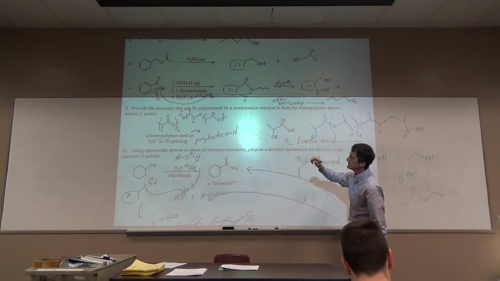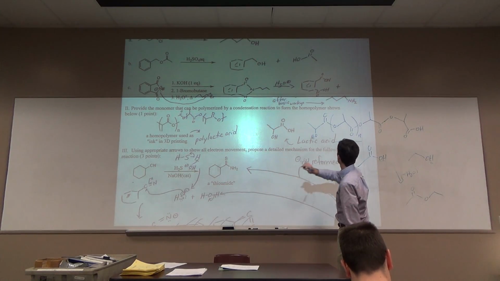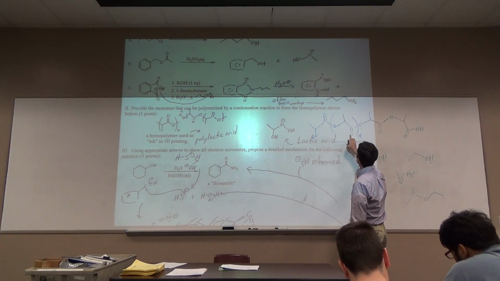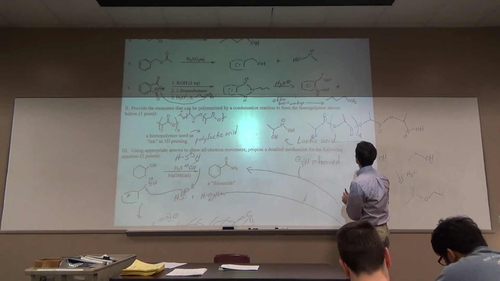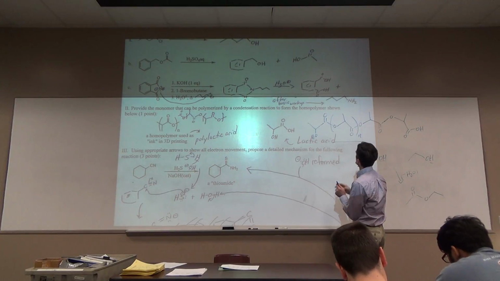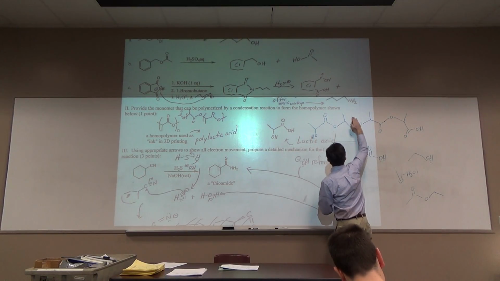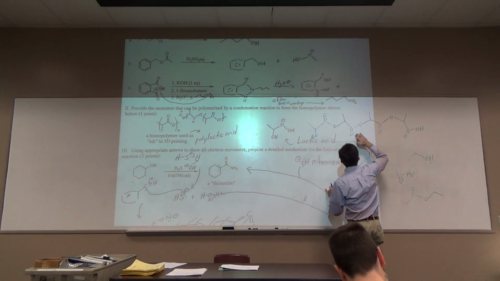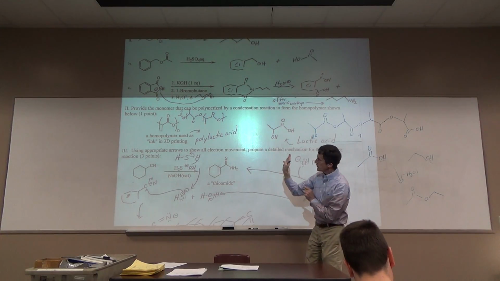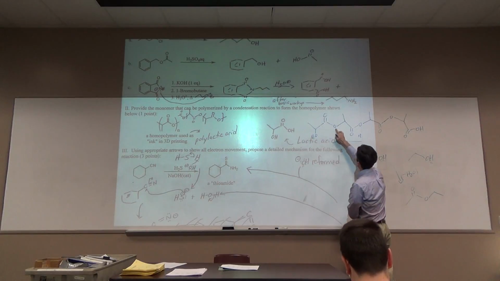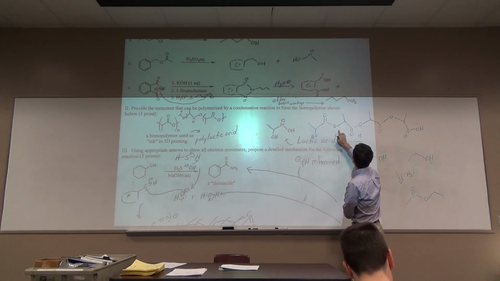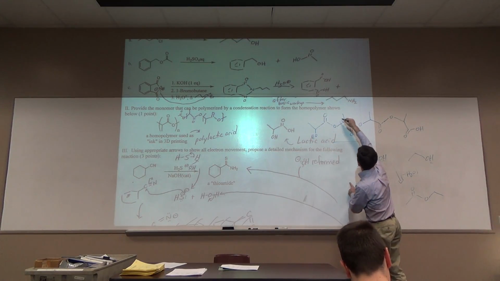O carbonyl C methyl. No, that's not it, because this is O C methyl carbonyl. It's all up here, it's just how you want to show it. O carbonyl C methyl, O carbonyl C methyl.